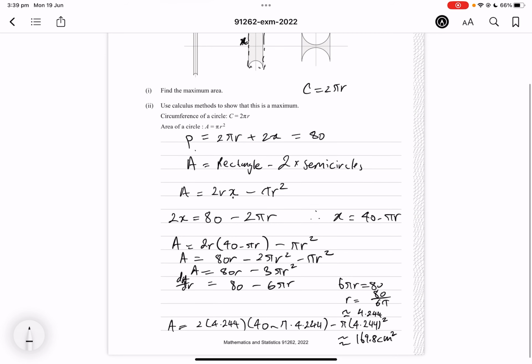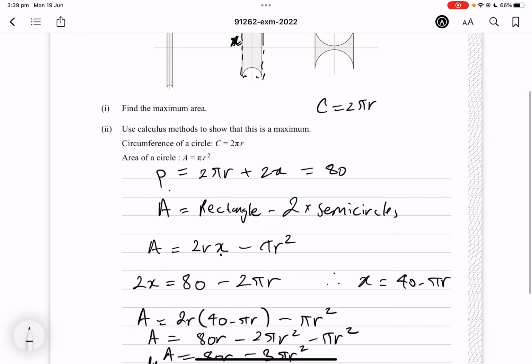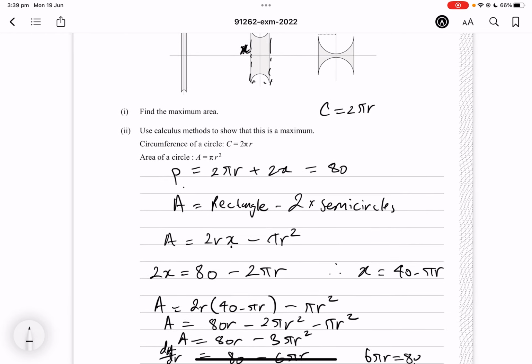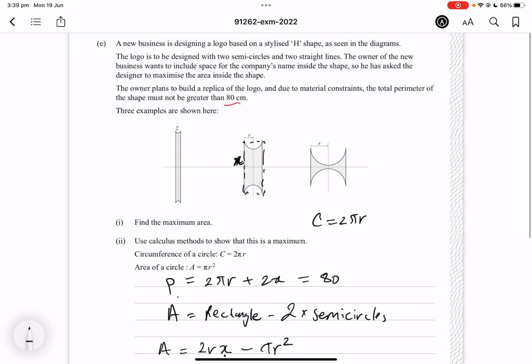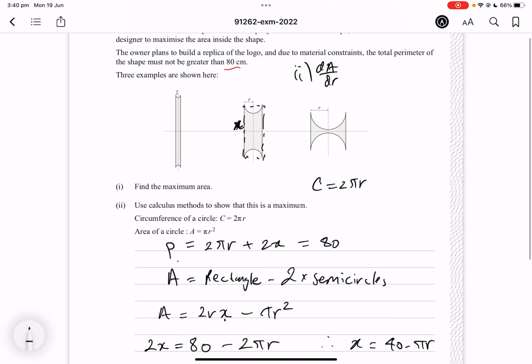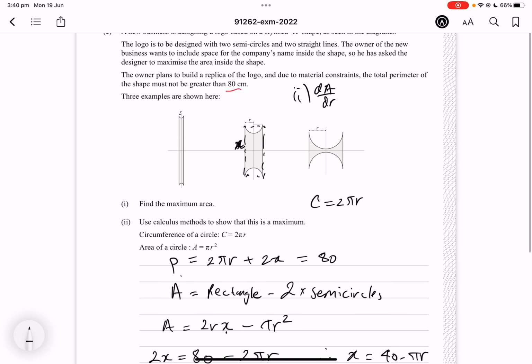All right, so that's part 1 completed. So that's our area, 169.8 centimeters squared. And we're going to be showing that this is a maximum. So to show that this is a maximum, we're simply going to find the second derivative. We know dA over dr was equal to 80 minus 6 pi r.